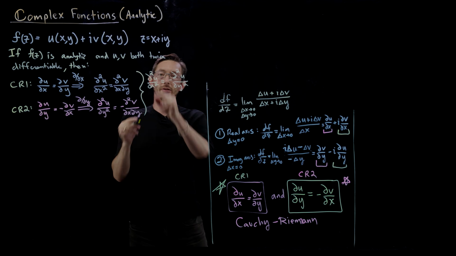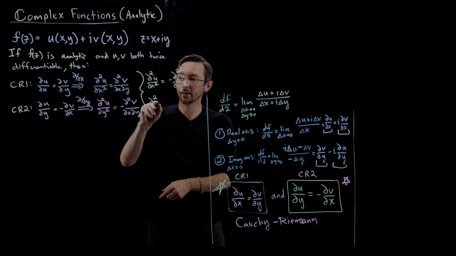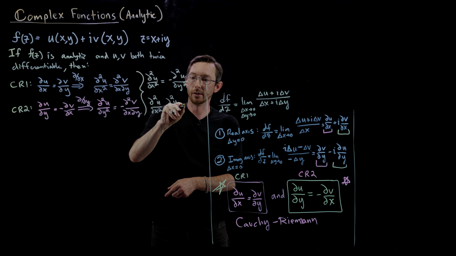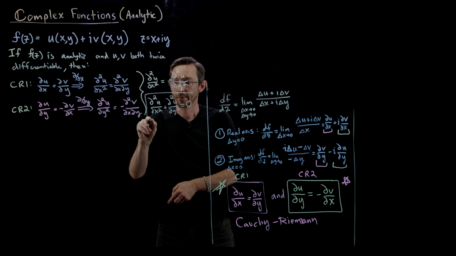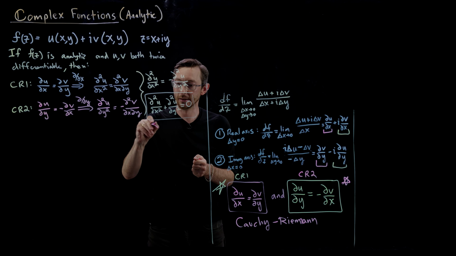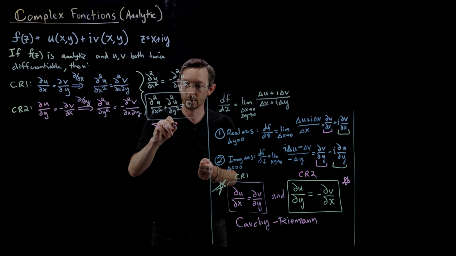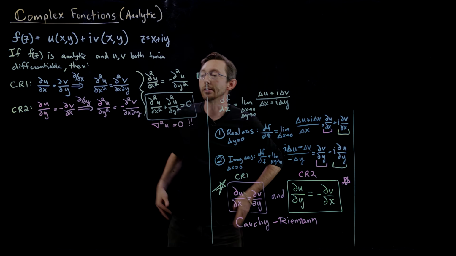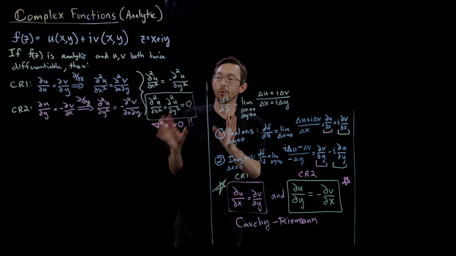And if I add this to both sides, I get partial squared u partial x squared plus partial squared u partial y squared equals 0. This is Laplace's equation, del squared u equals 0. So this is super duper important.